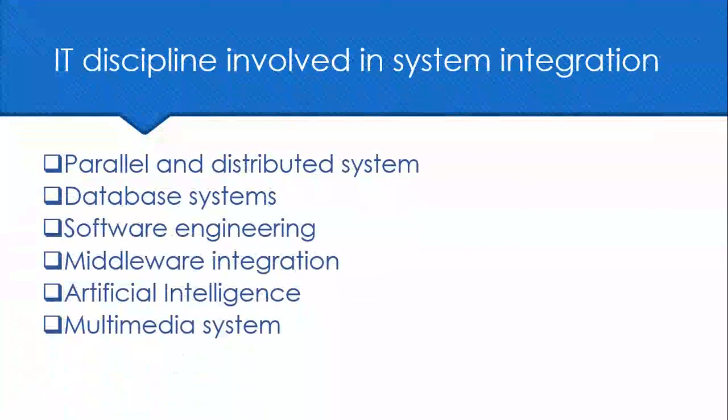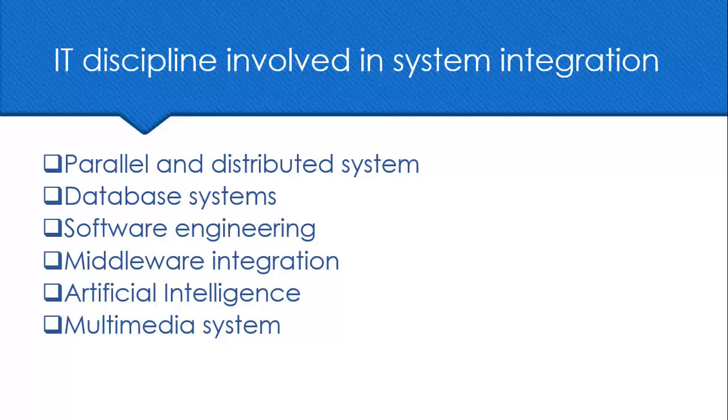So the IT discipline, these are the IT disciplines involved in systems integration. We need to consider these different disciplines, no? So I believe that you had already discussed this parallel and distributed system in your networking class. If we talked about parallel and distributed system, this is a type of system that is distributed or parallel.